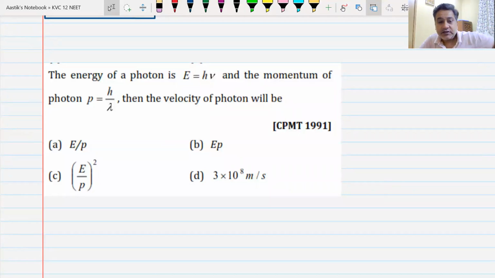The energy E of a photon is hv. The momentum of the photon, everything they have given, is h by lambda. What is the velocity of the photon? You don't have to write these questions, you can just give me the answer. There's no point in writing these questions.